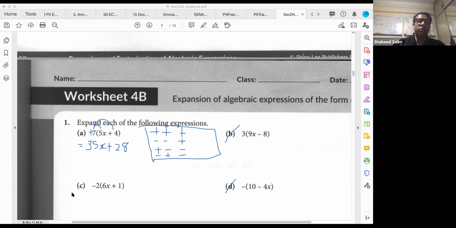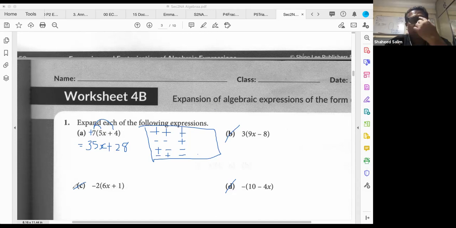Shafi, then you try C also, Shafi. Okay, while we wait for the rest. Not sure about D. Okay, about C.